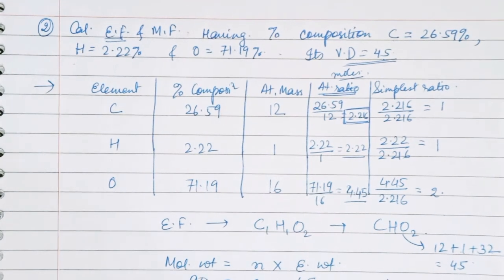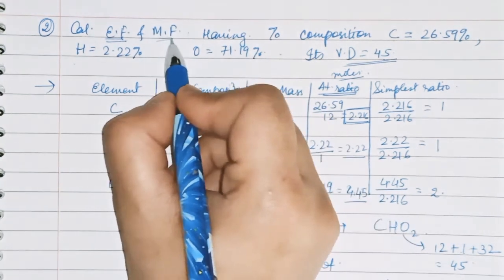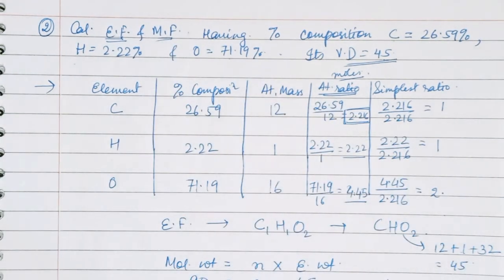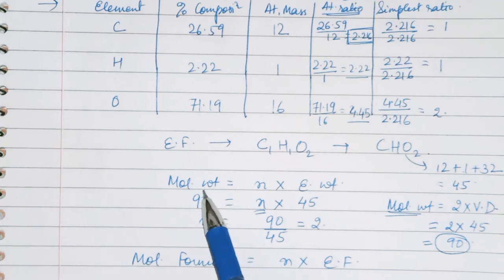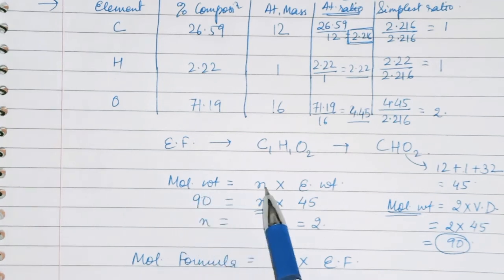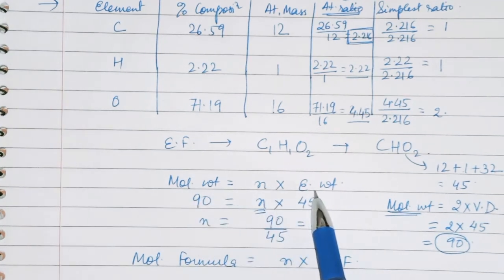Put the value over here. Now you can get the value of n, that is 90 upon 45. You will get 2. Sorry children, one more time I am going to repeat this. Molecular weight is equal to n into empirical weight.